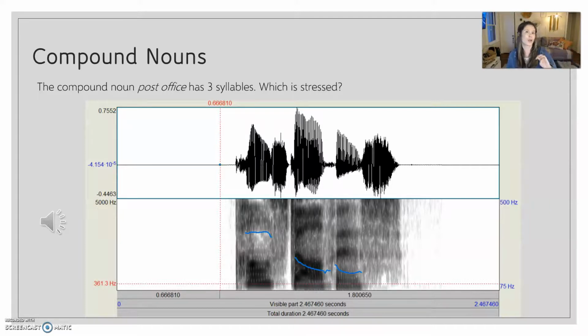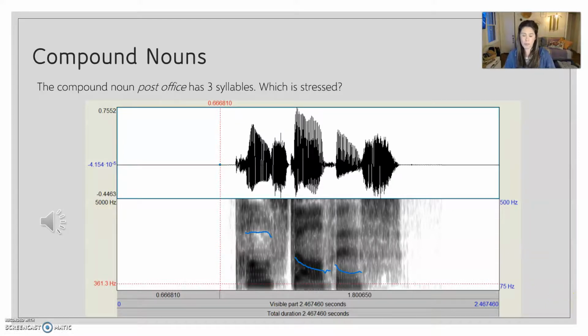So in the word identity, where do you hear that longer, louder, higher syllable? Identity. The second syllable, right? So it would be identity theft. This is the stress pattern that you are practicing for compound nouns.